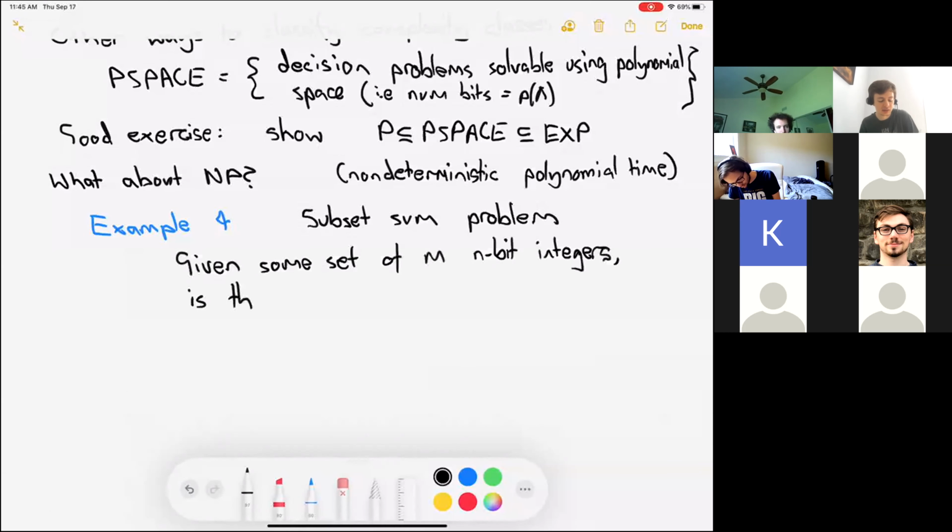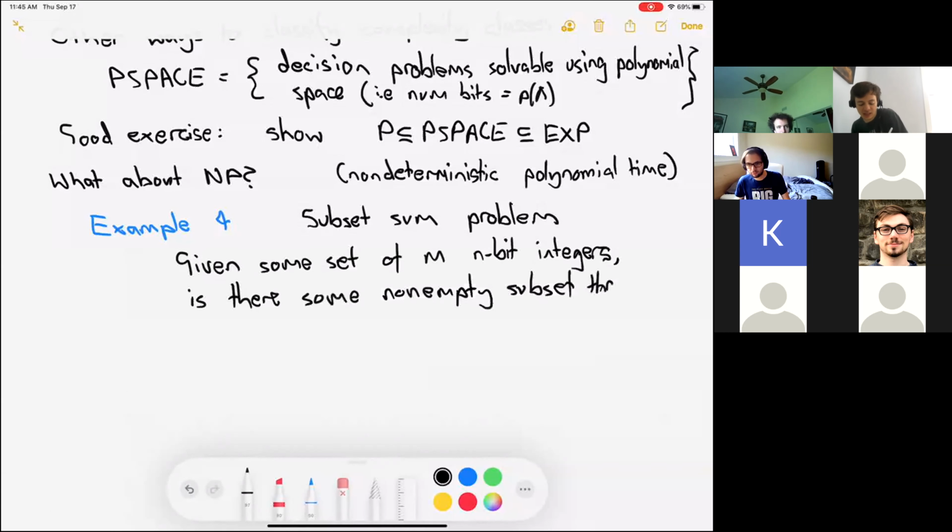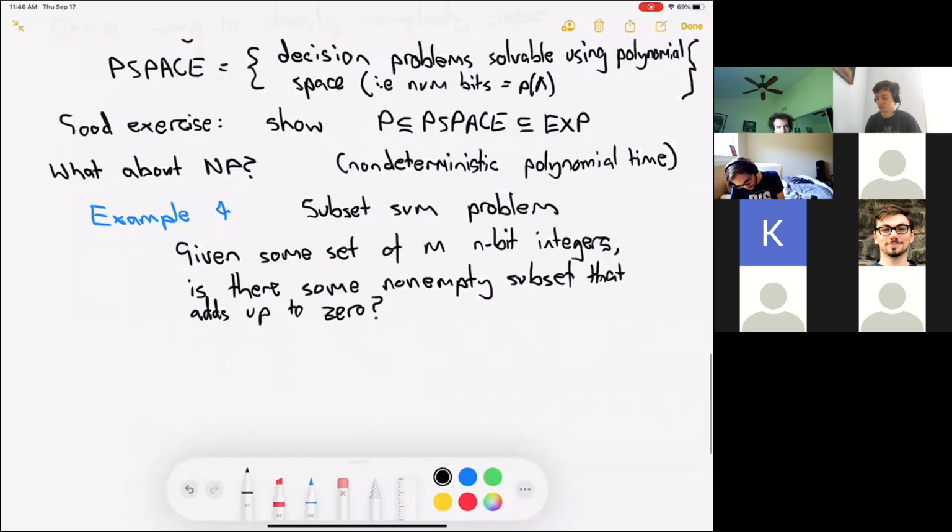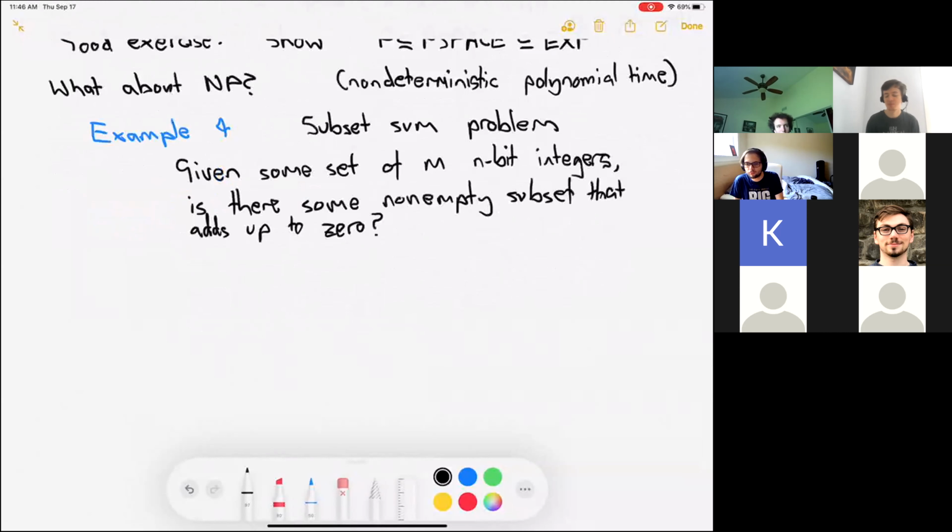Is there some non-empty subset of those integers that adds up to 0? Simple enough.